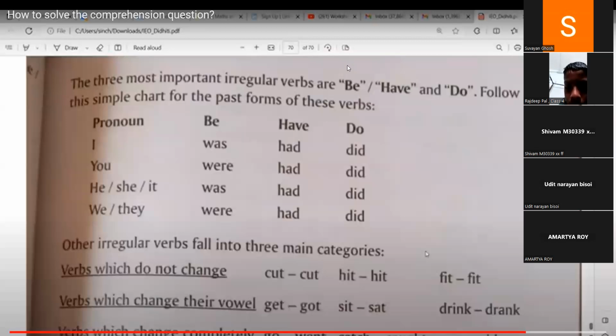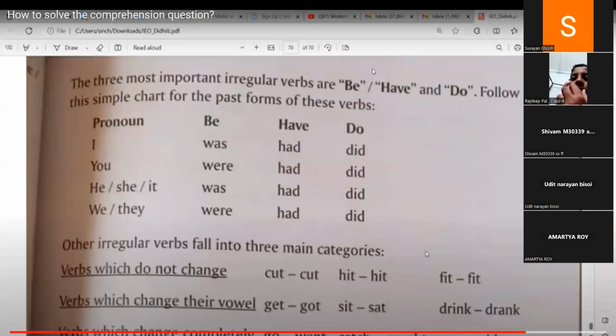A regular verb is those type of verbs that while making it in past tense, at the end of the word it adds ed or d.